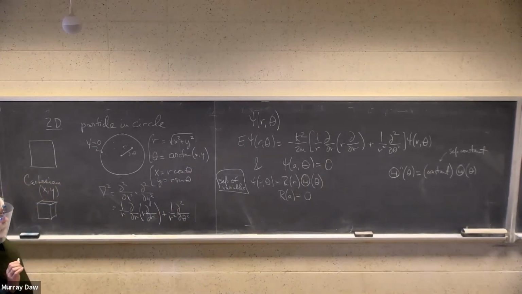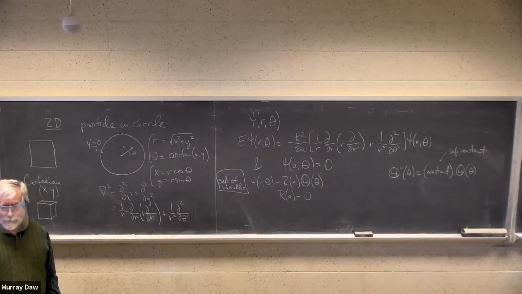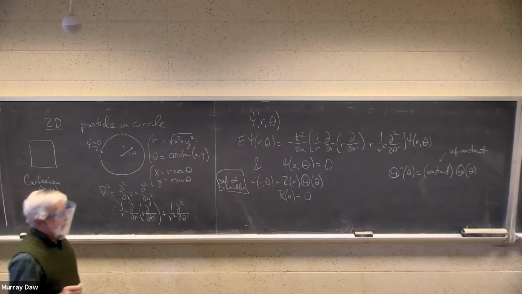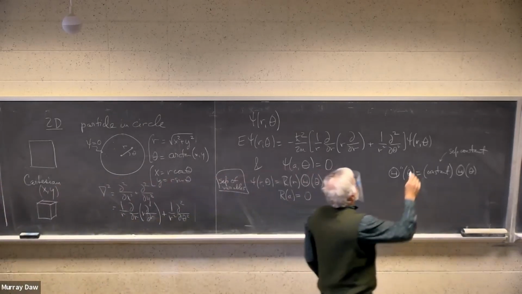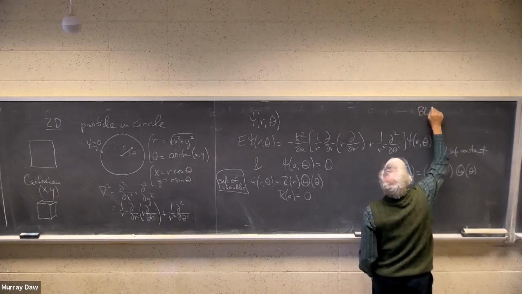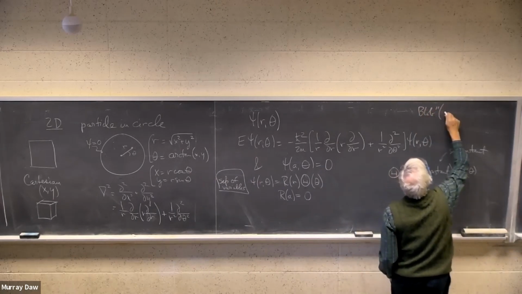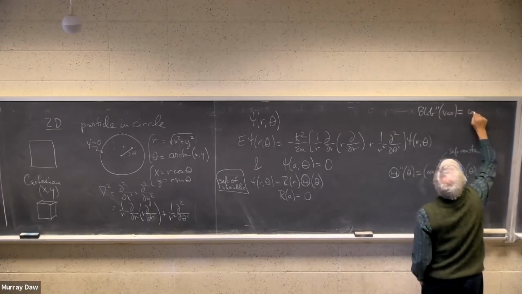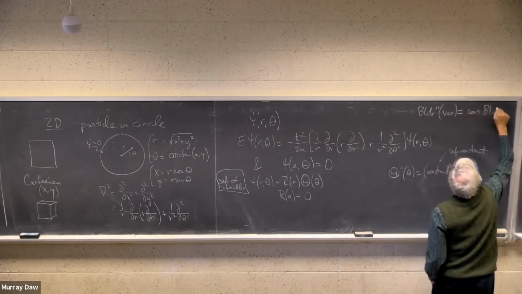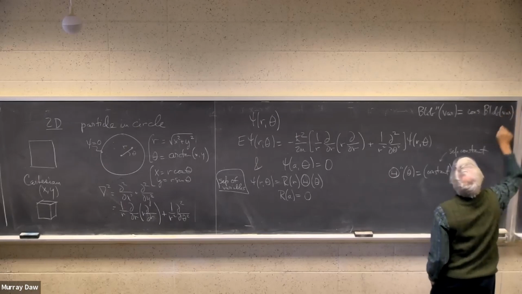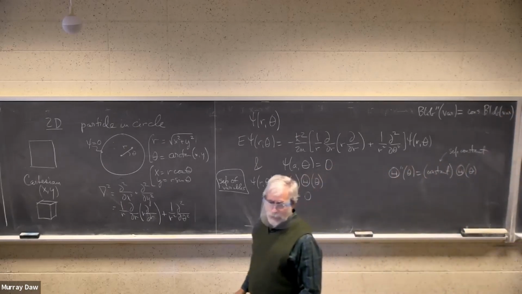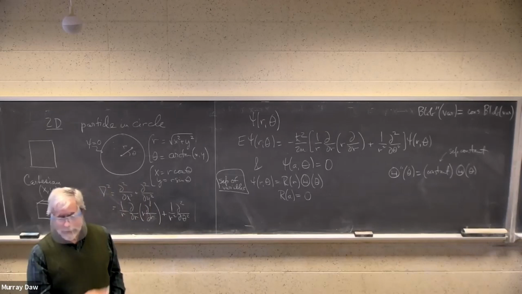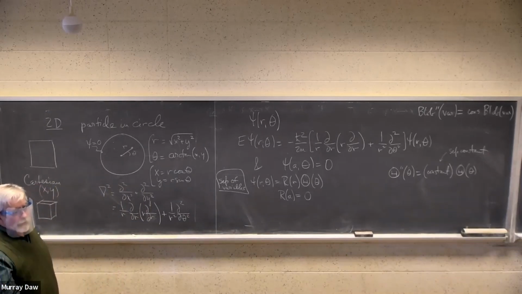You should, by now, just recognize that anytime I have blob second derivative of some variable equals some constant times blob of that variable, it doesn't matter what blob is, and it doesn't matter what the constant is. What is that equation? That goes back to the one that you started in mechanics.